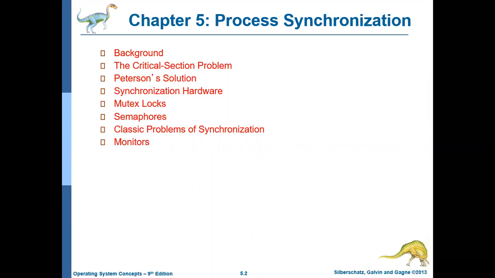We'll be discussing some software based solutions like mutex locks, semaphores, and a few classical problems on synchronization, and we'll be ending the topic with an introduction to a concept called monitors, which is also a solution to the critical section problem.